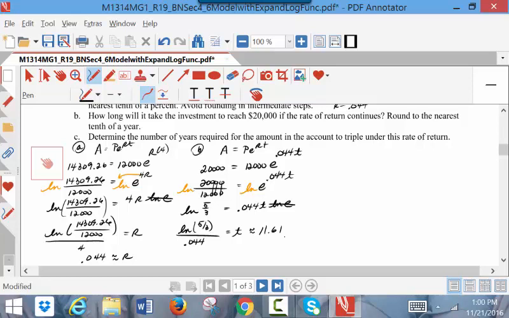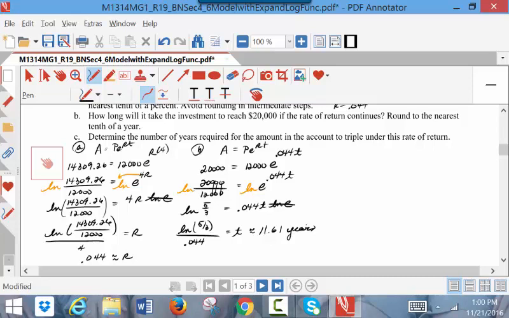So about 11 and a half years, 11 years, 6-7 months it would take for the $12,000 to increase by $8,000 based on an interest rate of 4.4% compounded continuously.